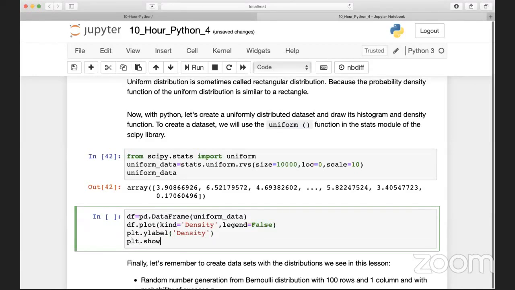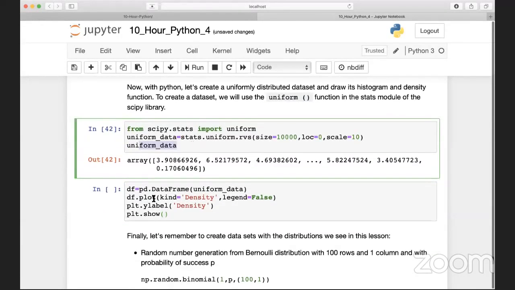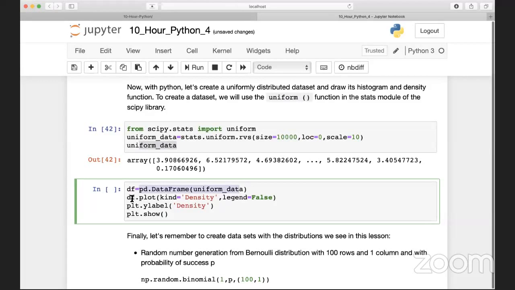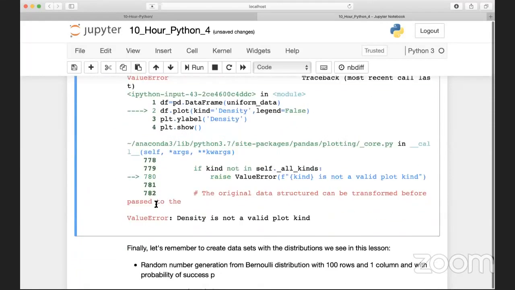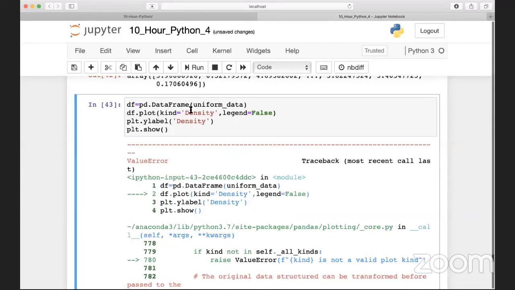And plt.show, I guess. Okay, here I generate uniformly distributed data, then I turn it into a data frame. I draw the line plots, I assign a name on the y-axis only, and show it with plt show. Density, there is something wrong, I guess it shouldn't be capital.